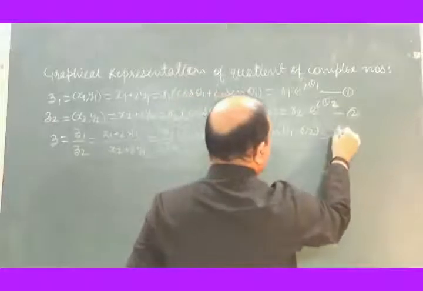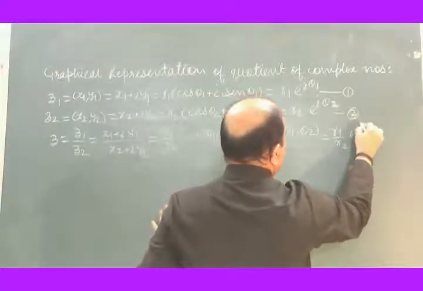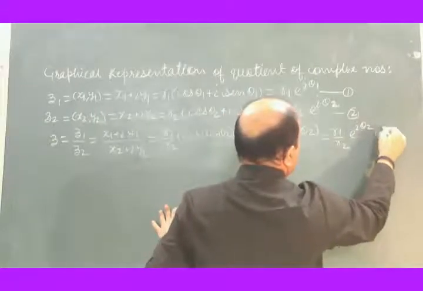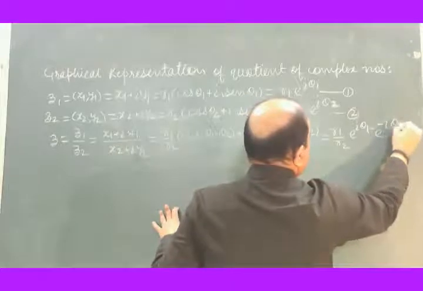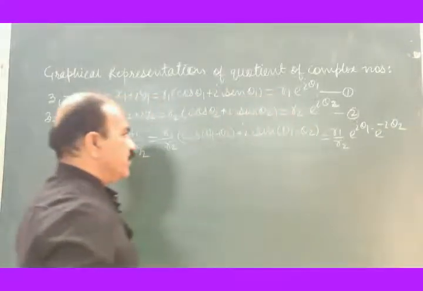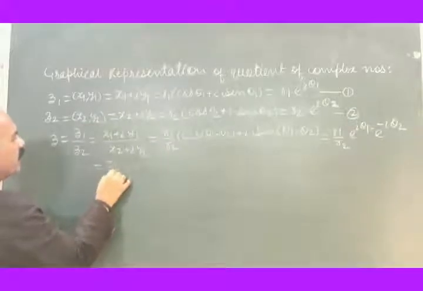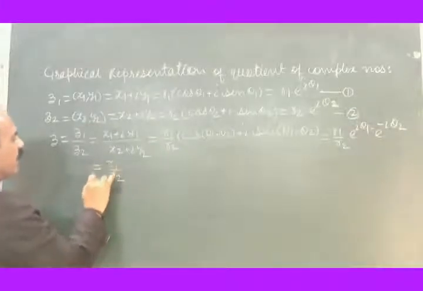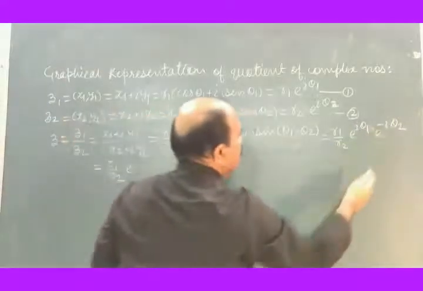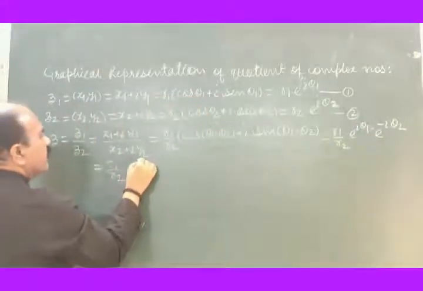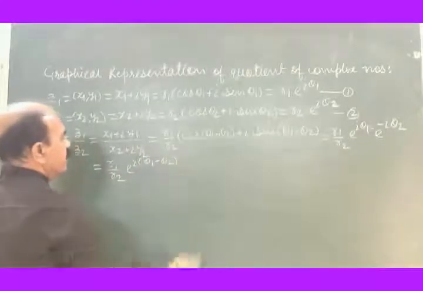This is R1 by R2, e to the power i theta 1 into e to the power minus i theta 2. That is nothing but R1 divided by R2 into e to the power i, taken common, (theta 1 minus theta 2).